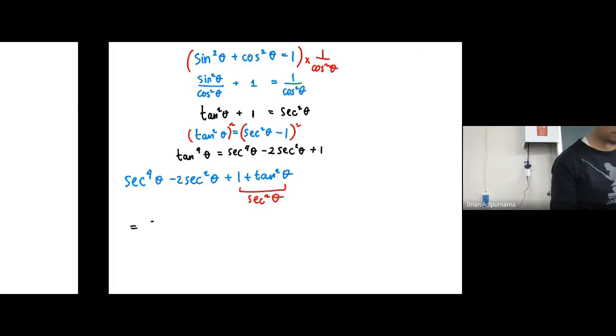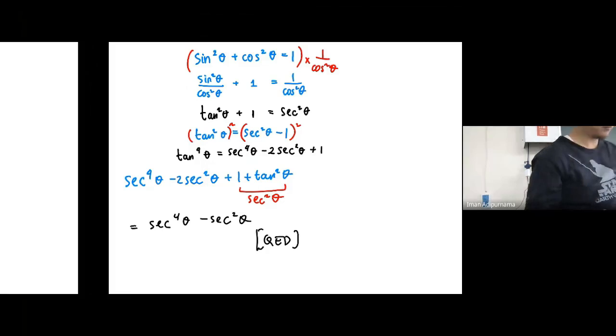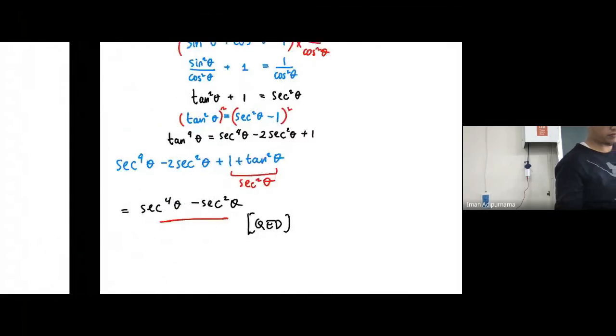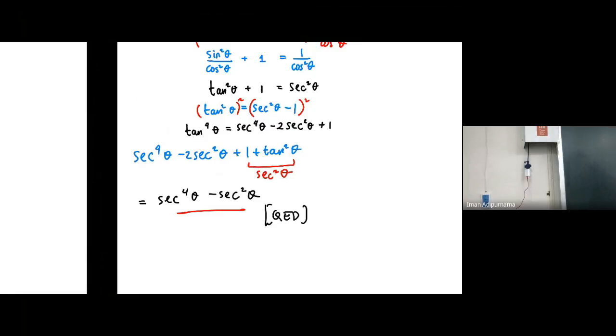So it's proven. Got it. But you can also use the secant 4, move this to the left side, and change the secant 4 with the tangent. That's also the same result. It should be the same.